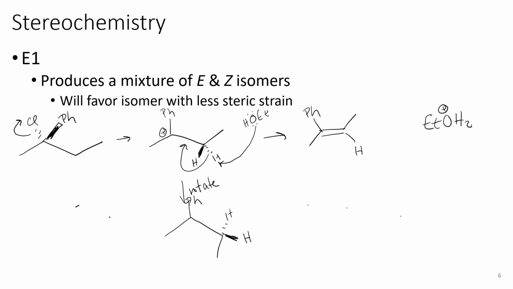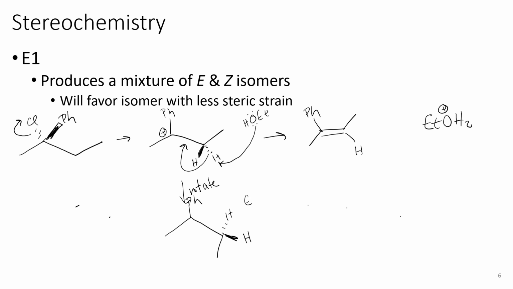Having them in that orientation is one of the less stable, looking at more of an eclipsed interaction between the phenyl group and the methyl group. If I rotate into a more stable form, now we're looking at more of an anti-relationship between the phenyl group and the methyl group through that freedom of rotation. So this was really looking at those Newman projections.